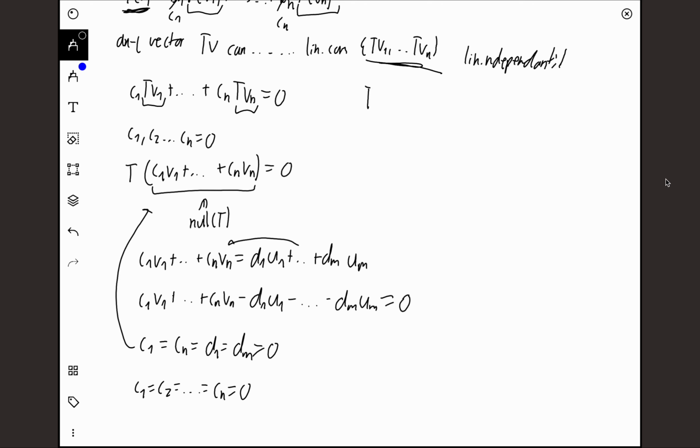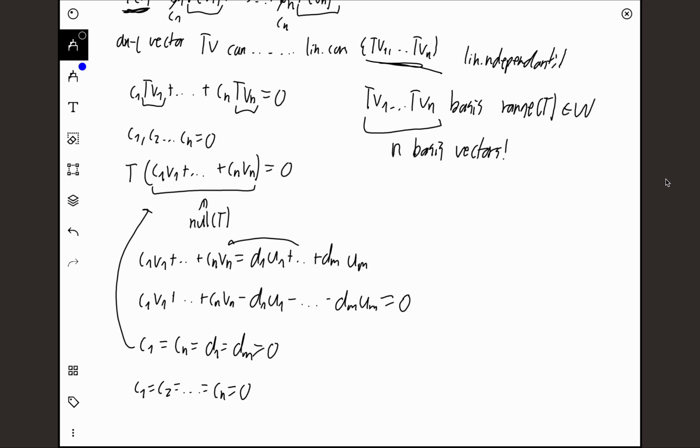So now we basically know that Tv1 to Tvn is a basis for the range of T, a basis for the subspace in W, the range of T. And how many basis vectors do we have? We have n basis vectors.